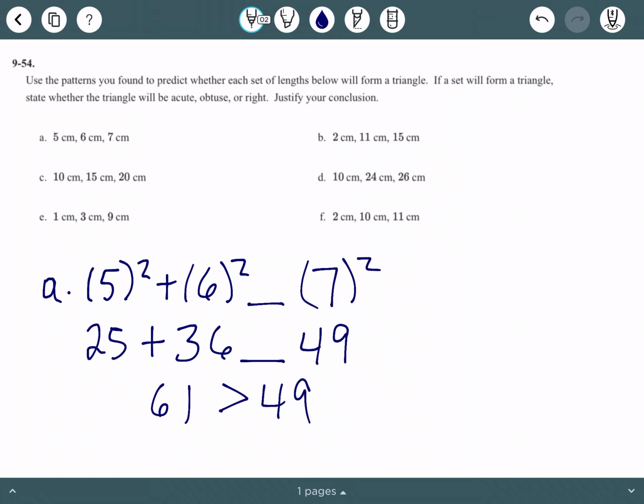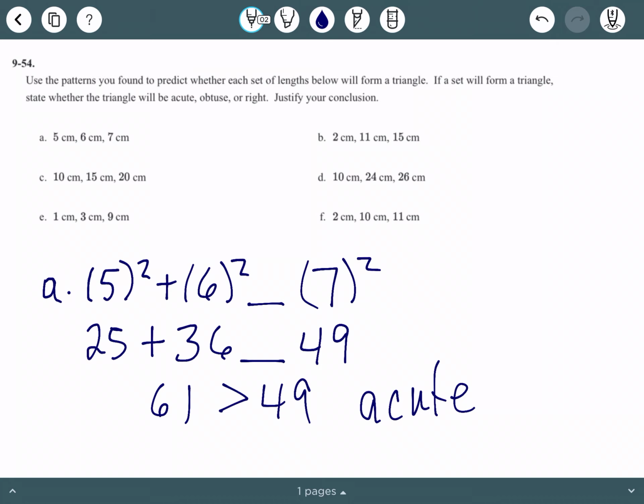Now, based off of what we discovered for problem 953, anytime the area of our smaller sides is greater than the area of our hypotenuse, or our longest side, we have an acute triangle. So yes, this forms a triangle, and yes, it is acute.